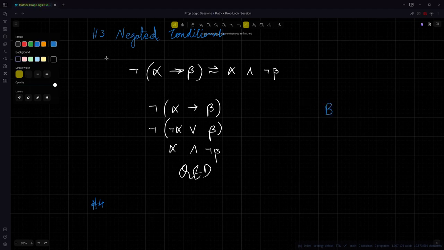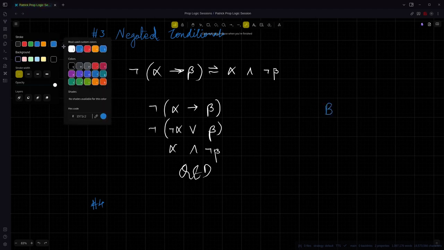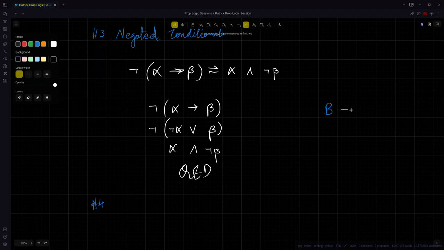Sky is blue implies sky is green. Sky is blue. Therefore, sky is green.